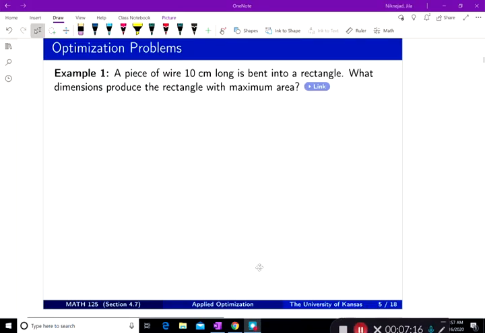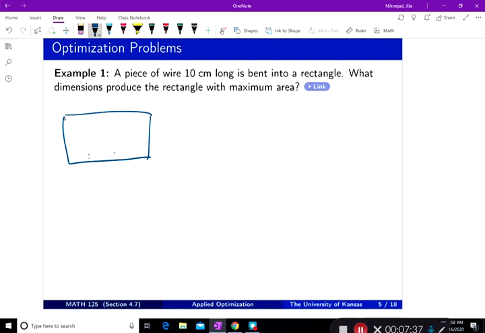So let's start with drawing a picture. We have this piece of wire, and we're bending it into a rectangle. It could be drawn better, but approximately like that.